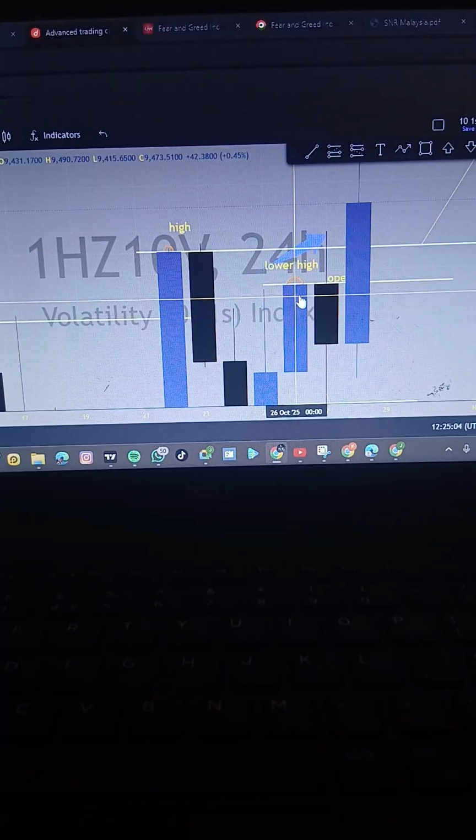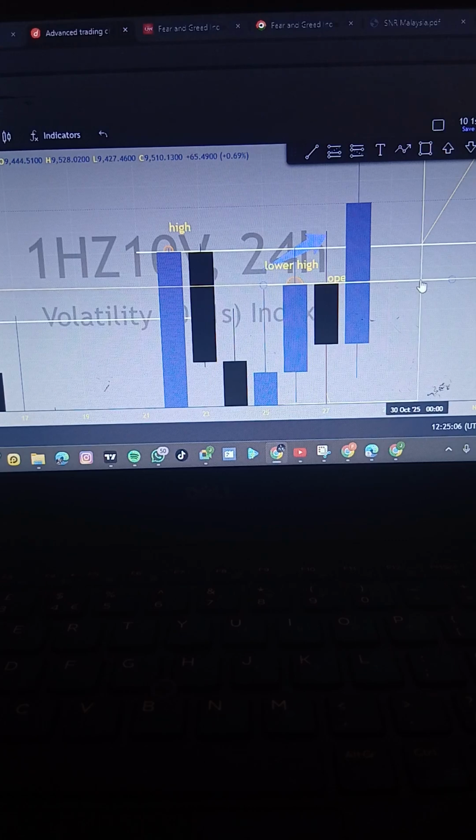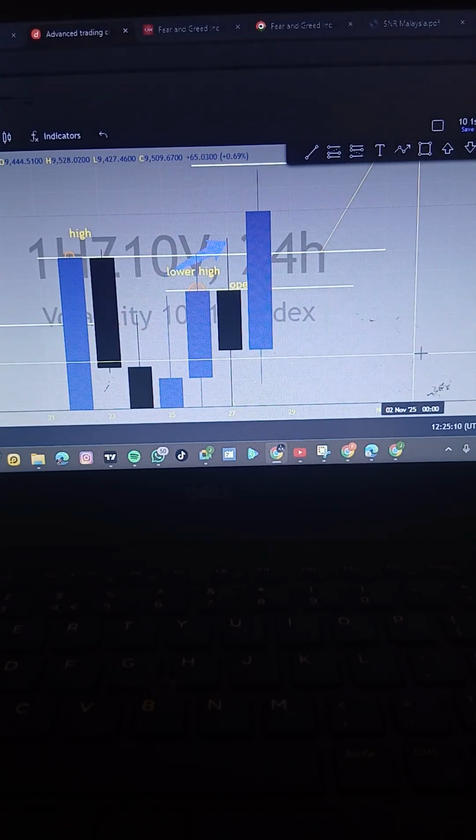After doing that, I'll mark a straight line. This is how these lines are going to be assisting you. Those lines are your decisional points.